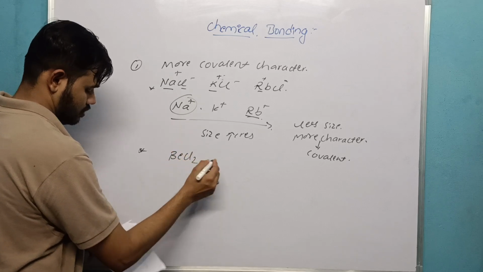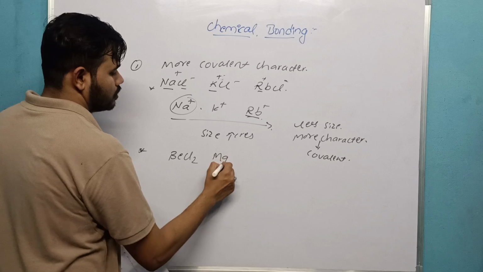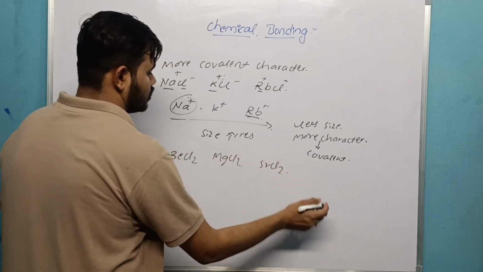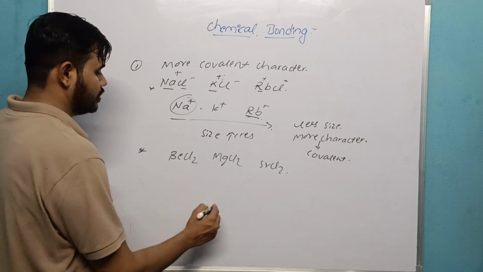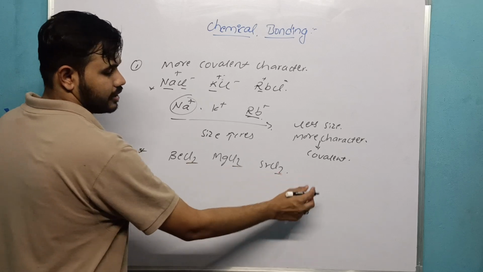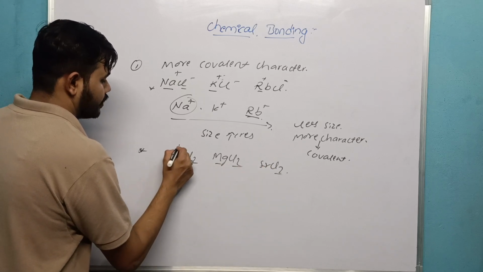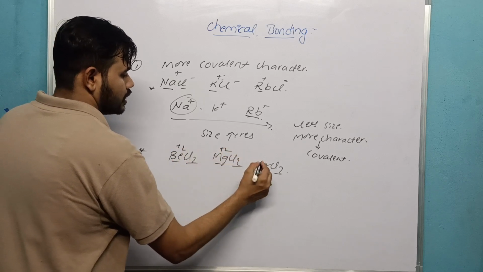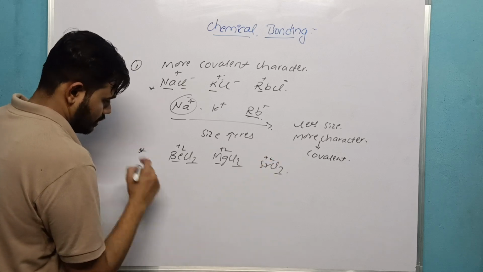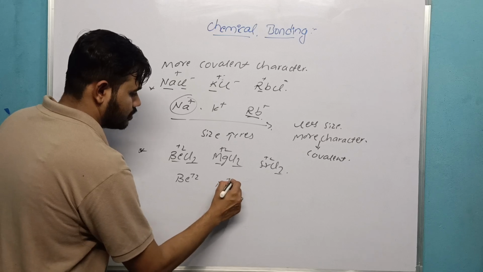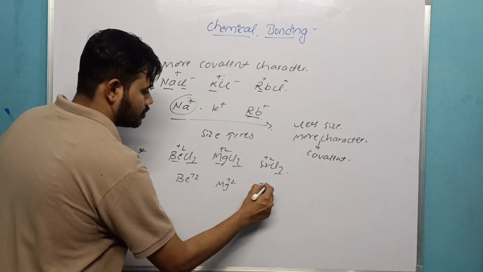Another example, BeCl2, MgCl2 and SrCl2. This is regarding the group 2 elements. Here anion is the same, while cation is different: Be2 plus, Mg2 plus, Sr2 plus. Here beryllium, magnesium, strontium.